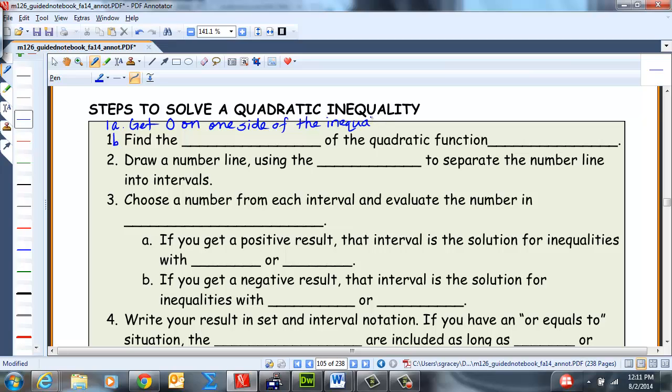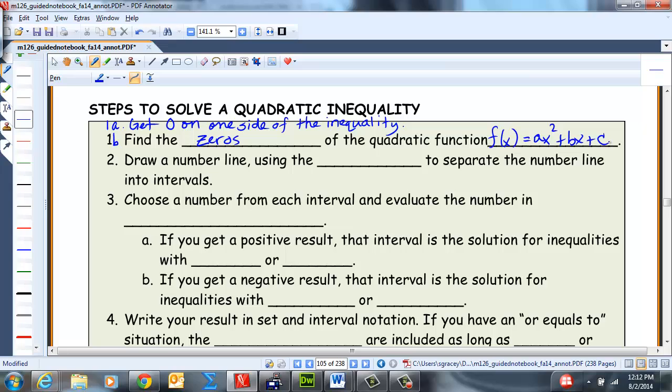That'll give us a quadratic function on one side and 0 on the other. Then you're going to find the zeros of the quadratic function f of x equal to the left side, which would be ax squared plus bx plus c.